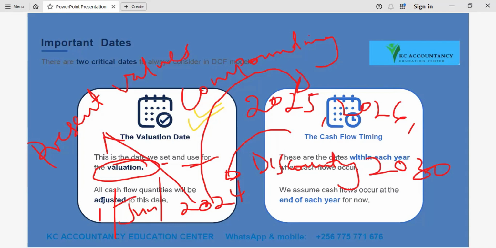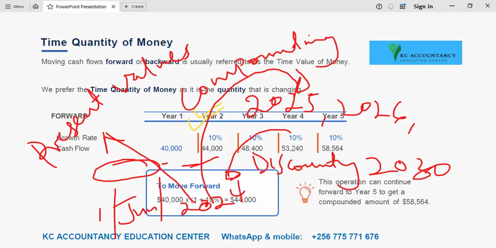That computation is what we call the time value of money. So the next video is going to be looking at the time value of money. So those are the things that we are going to look at from that perspective.